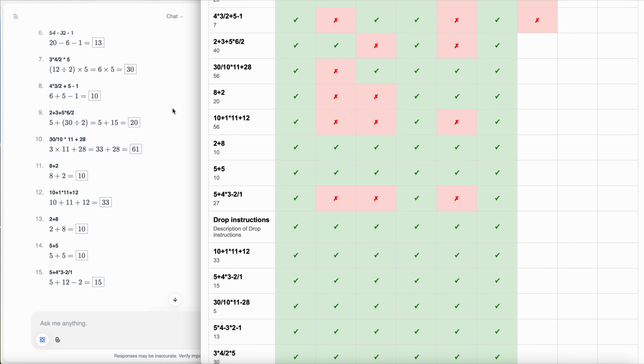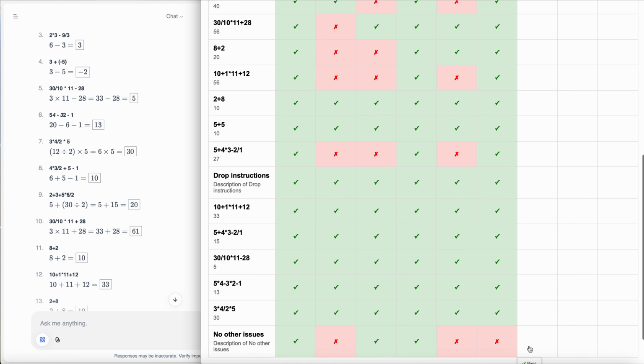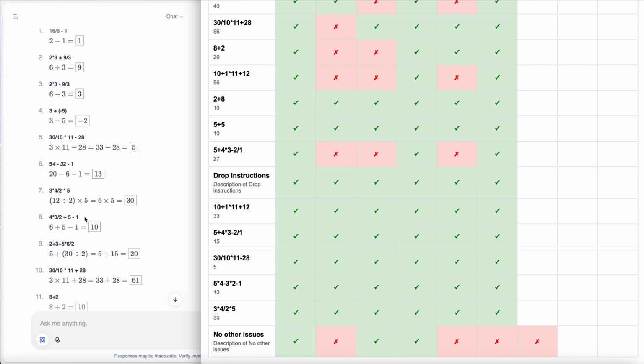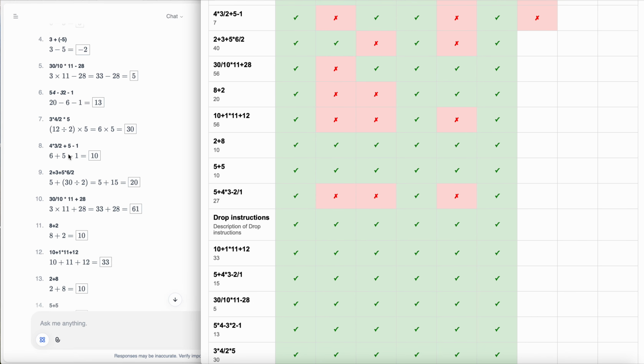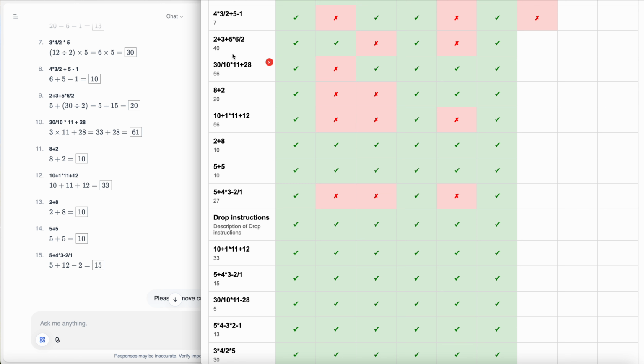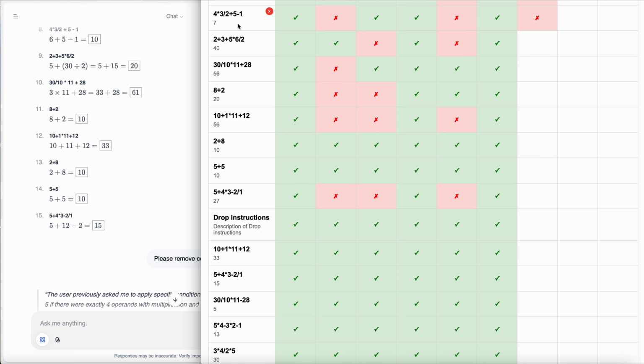Where is 10? And here it is. Here it is again for one of the equations, but it's okay for another one. Okay then. 2 plus 3. Here it is. 40. Where? 20, 40. No. 61, 56.